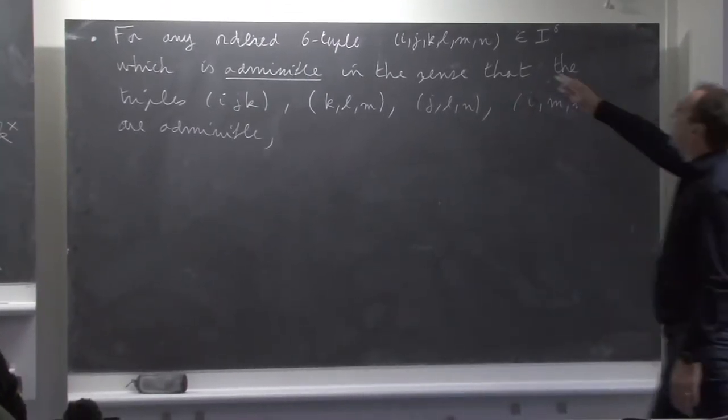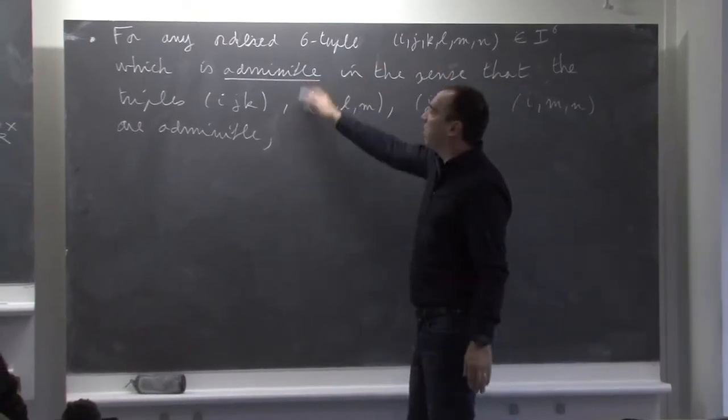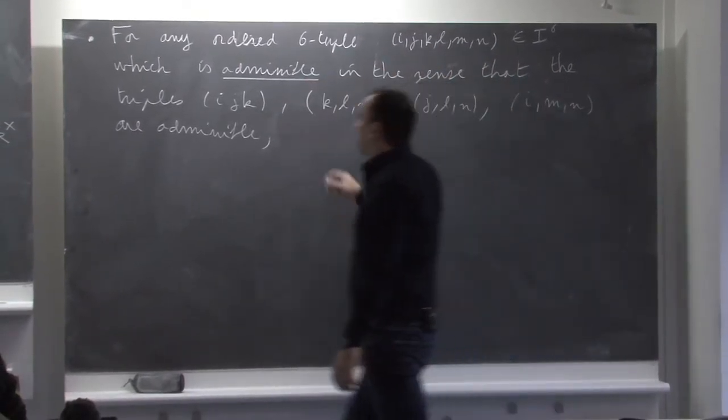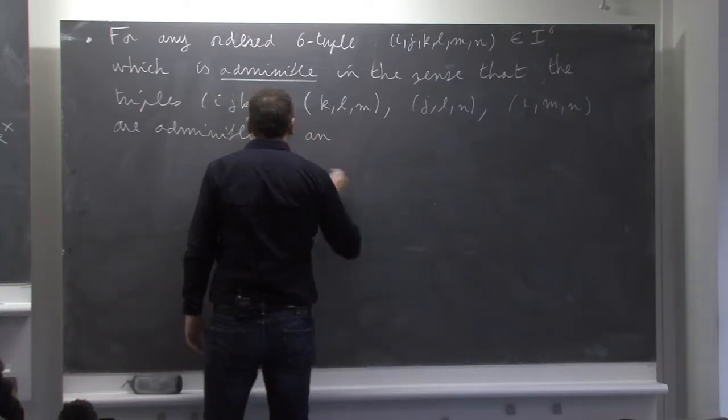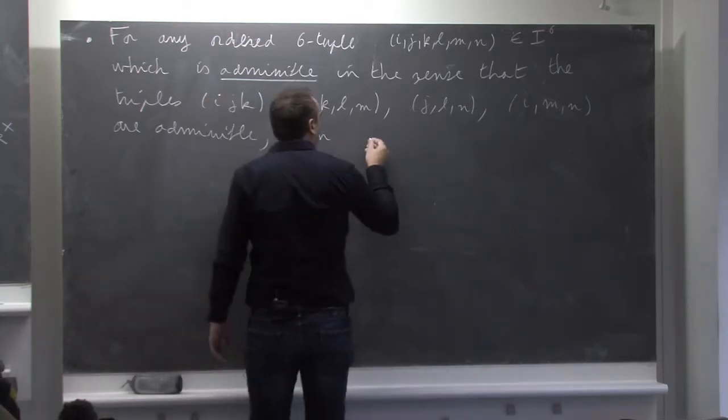So for each six tuple which is admissible in this sense, we need an element.